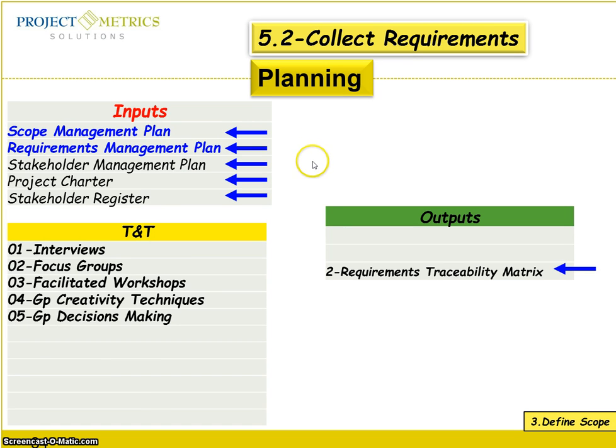So in this case, I'd like you to look at the scope management plan, requirement management plan, the stakeholders management plan, the project charter, stakeholder register, and for tool and technique, anything related to collecting requirements from a group. So you have interviews, focus groups, facilitated workshops, etc. The output here is the requirement traceability matrix.